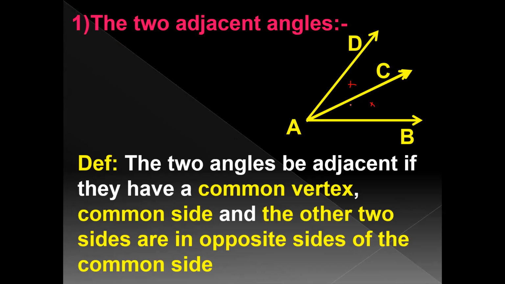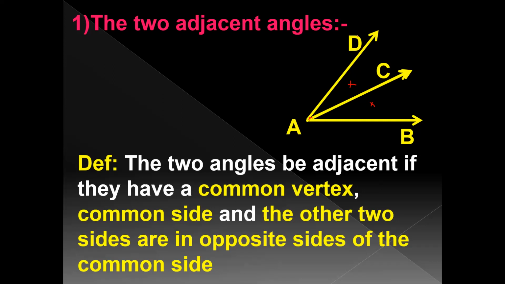We can say that the two angles are adjacent angles if we have three conditions. What are the three conditions? The first condition is that the two angles have a common vertex, the same vertex. In angle DAC, the vertex is A, and in angle CAB, the vertex also is A. So the two angles have the common vertex.